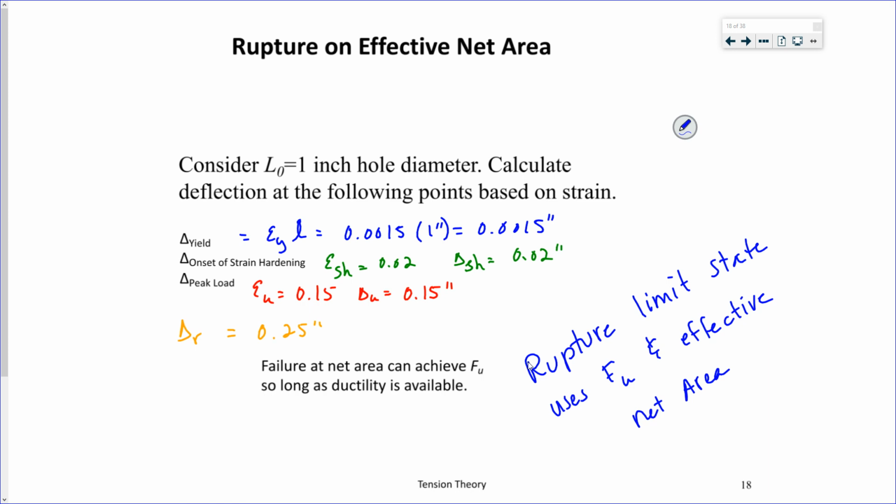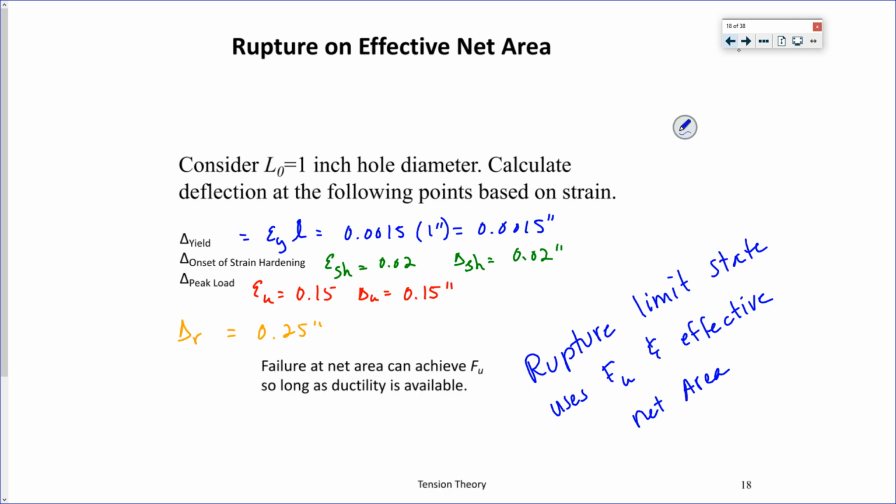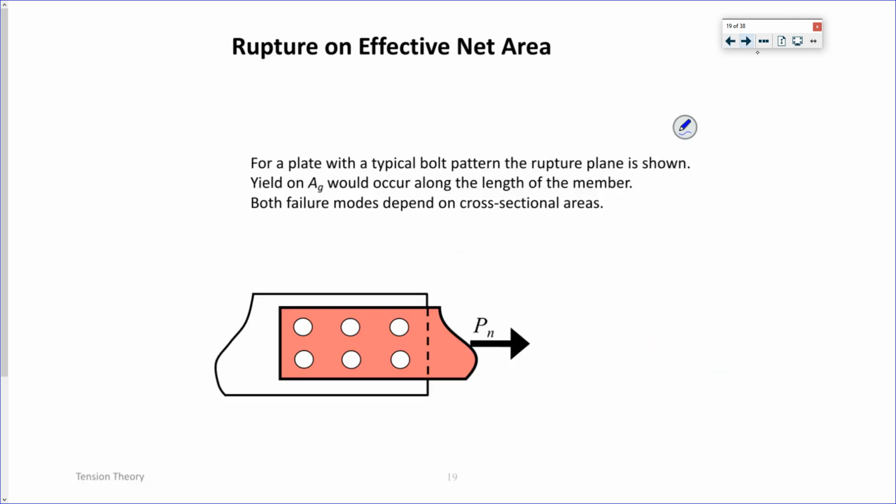So if we're talking about our two tension member limit states of yielding and rupture.